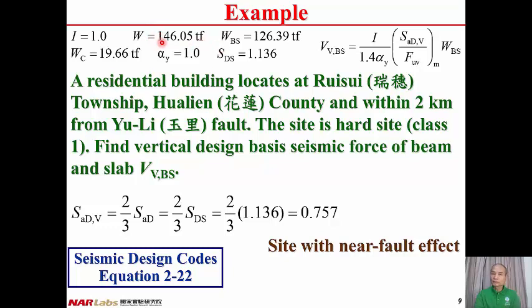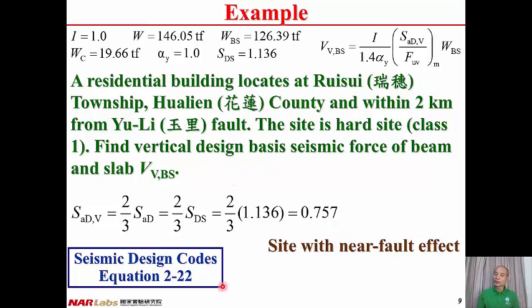And among the total weight of the structure, WBS, that's the weight of the beam and slab, equal to 126.39 ton force. And the weight of the column, WC, equal to 19.66 ton force. Alpha Y equal to 1.0. SDS, that's the design basis spectral acceleration for short period structure, SDS equal to 1.136.